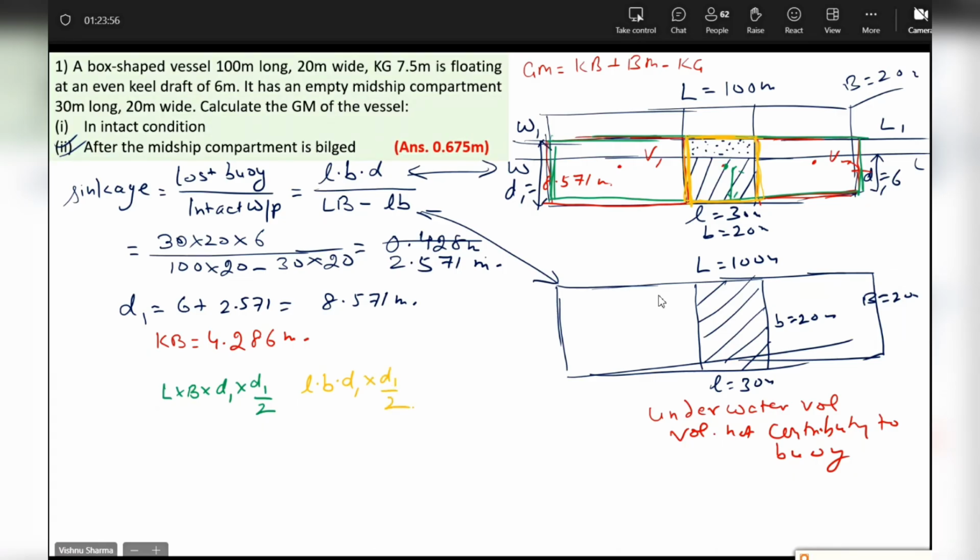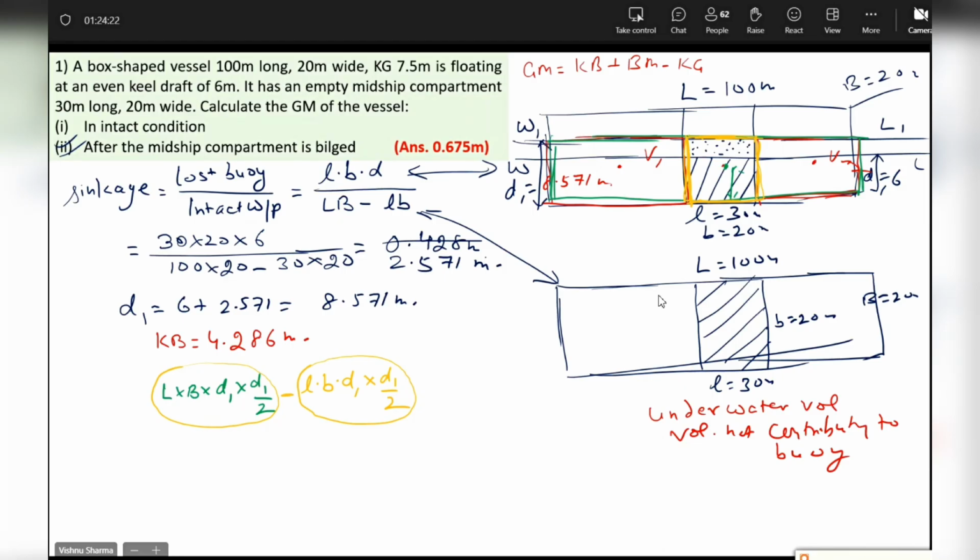So from the vertical moment of the full underwater volume, if I remove this volume which is not contributing to buoyancy, what will I be left with? Will I be left with the vertical moment of the volume of buoyancy? Yes or no?